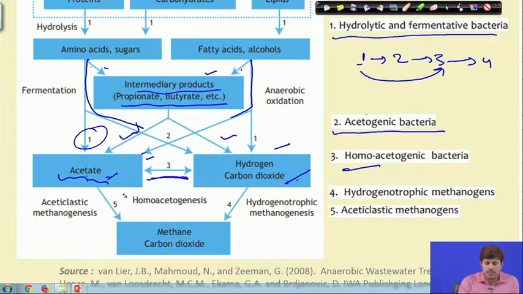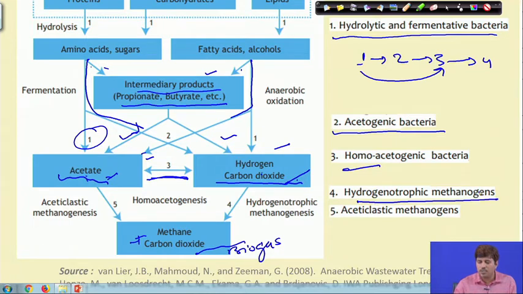So, we have products by the action of these three groups in the form of acetate and hydrogen and carbon dioxide, and both of these can then further be converted to methane and carbon dioxide, which we normally refer to as biogas. This biogas production can be either from hydrogen and carbon dioxide with the help of hydrogenotrophic methanogens. This is hydrogenotrophic methanogenesis, and hydrogenotrophic methanogens convert hydrogen to methane.